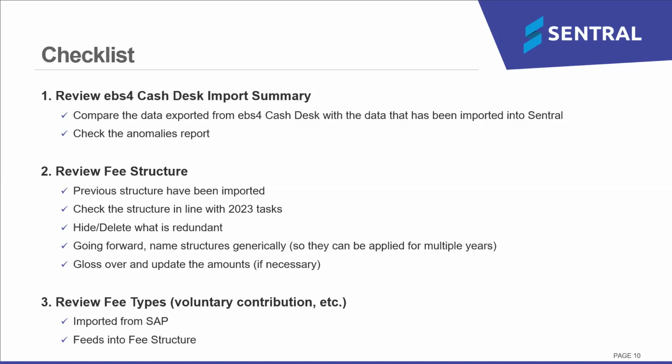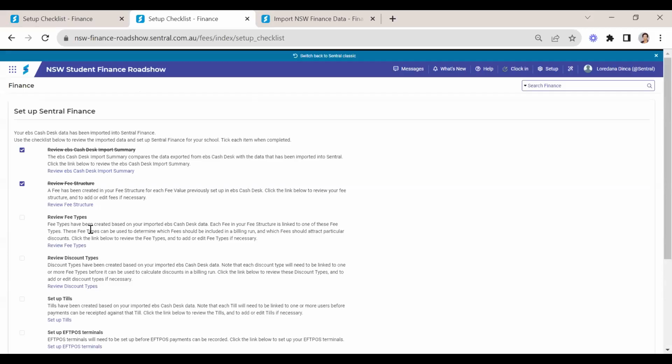Just remember these fees are imported from SAP as well, and you'd be able to go and check the fees that are already available in your School Central in the Finance module by clicking on this little link here. These fees can be used to determine which fees should be included in a billing run, right? So these are the fees that will come up in the billing run that will allow you to do that bulk raising of fees.